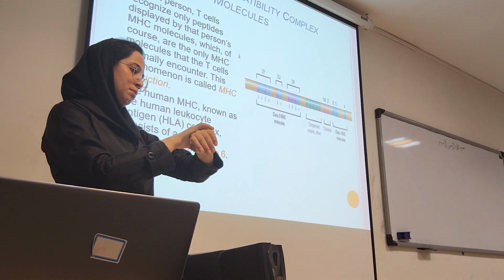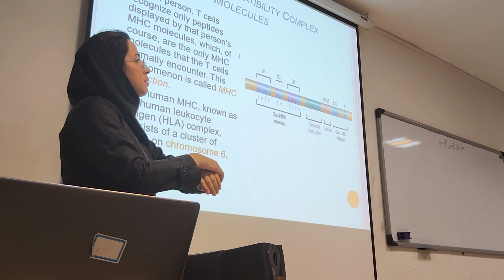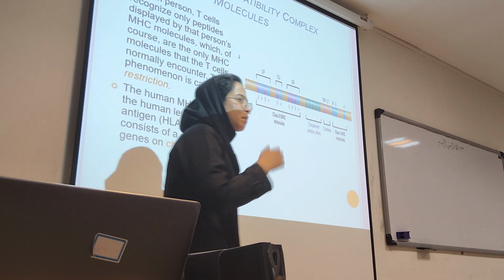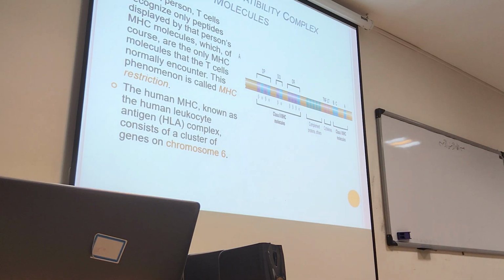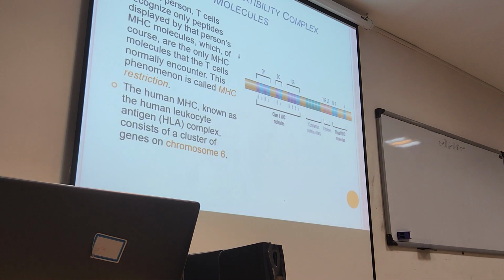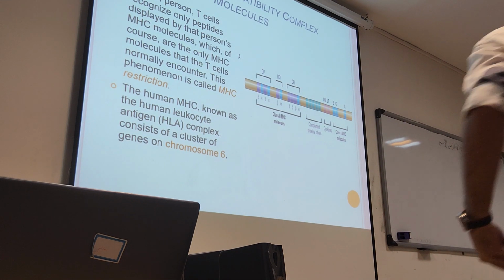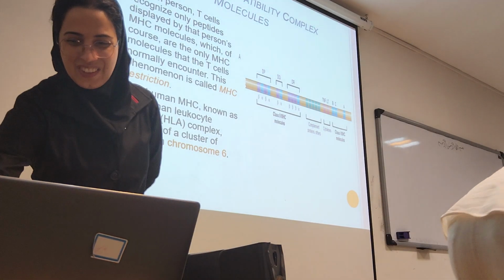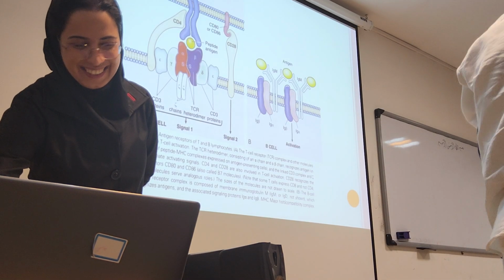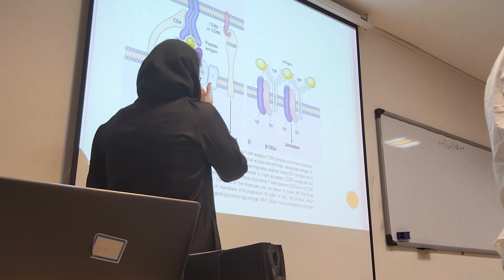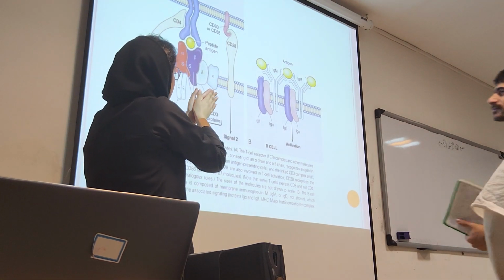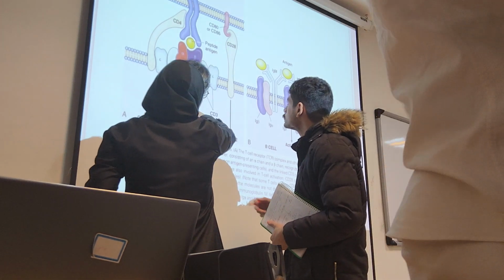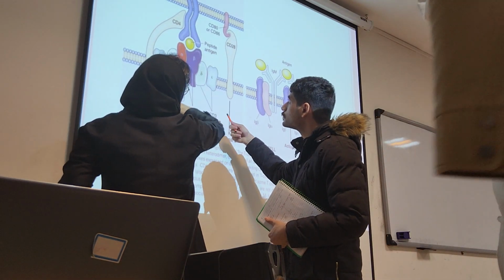And after 10 minutes... Professor, the slide before it, do we have to memorize it or is it just for information? We have to memorize every single one? The parts that are important are this molecule and the T cell receptor.